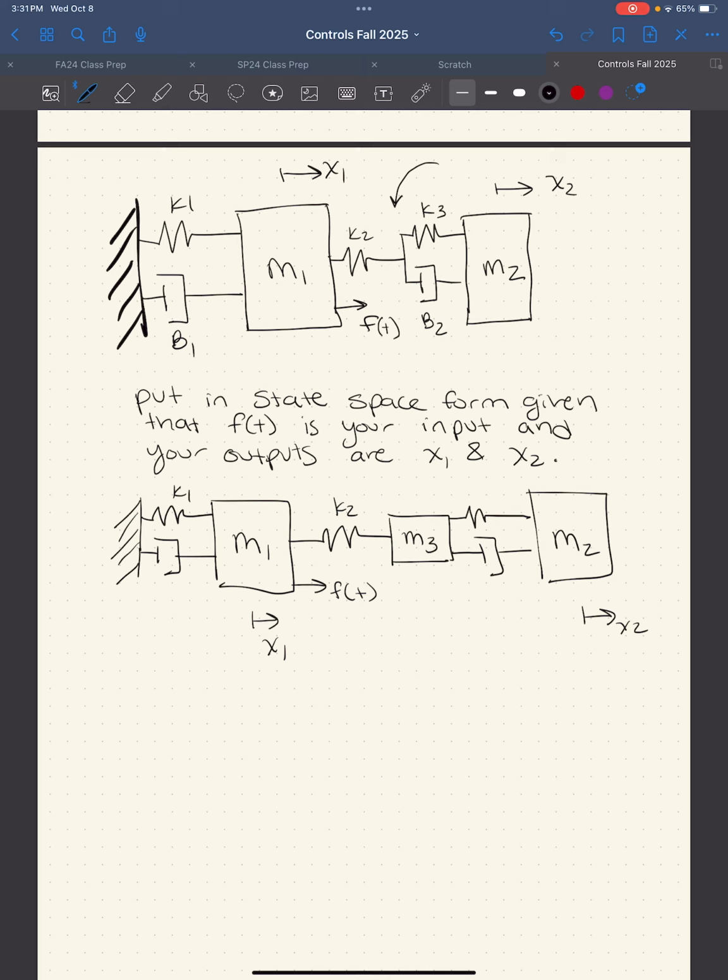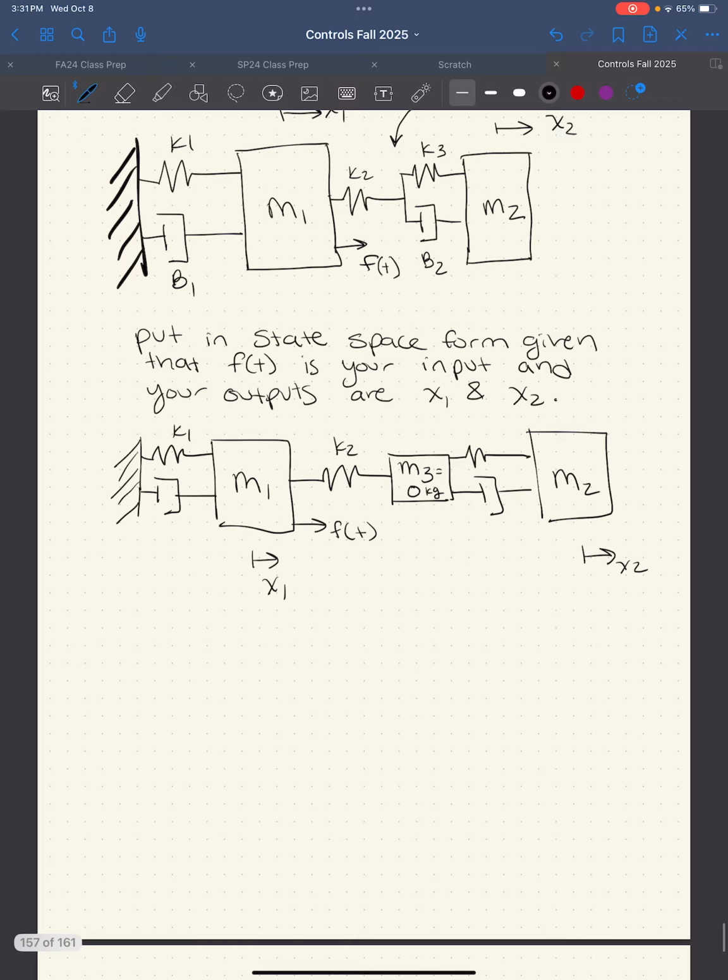All right. Sorry, I needed to be very careful to indicate that M3 has actually 0 kilograms of mass, whereas we'll assume that M1 and M2 are non-zero. So now let's draw our free body diagrams of each mass.